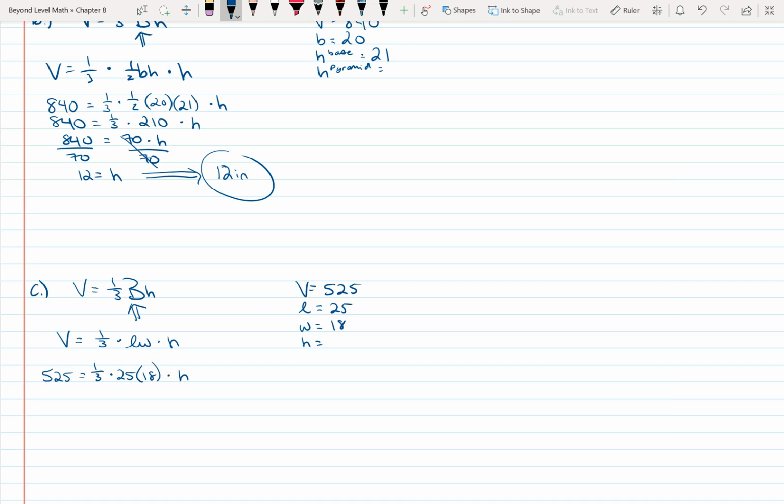Alright, 25 times 18, we get 450. 450 times 1/3 gives us 150. Divide both sides by 150 in order to isolate that variable, which is our height. And 525 divided by 150 gives us 3.5. So our final answer in this case is 3.5 feet.